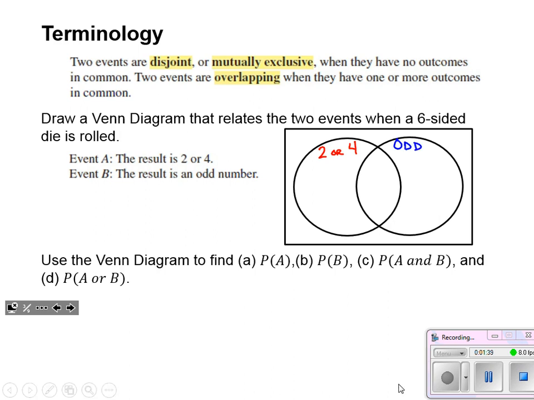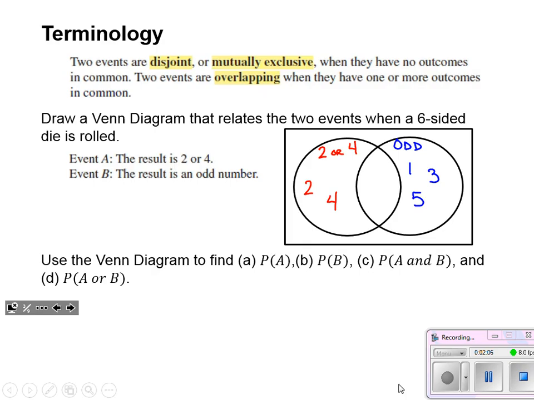Okay, so now let's think about placing the different die rolls into places on our Venn diagram. Obviously, if we have a 2 or a 4, we have those two outcomes over here. And nothing is going to go in that overlapping section in the middle because neither a 2 nor a 4 is odd. Okay, event B, we roll an odd number. Well, we've got 1, 3, and 5 for our odd numbers.